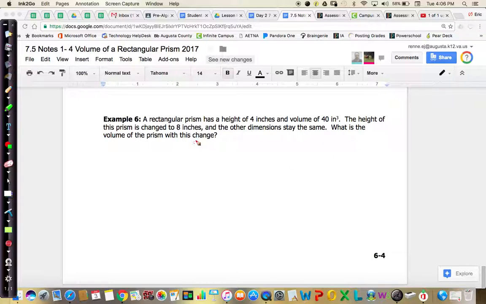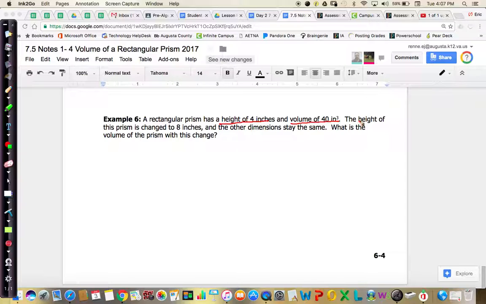What is the volume of the prism with this change? Okay, so once again, I'm going to show you both ways so you have something to go by.